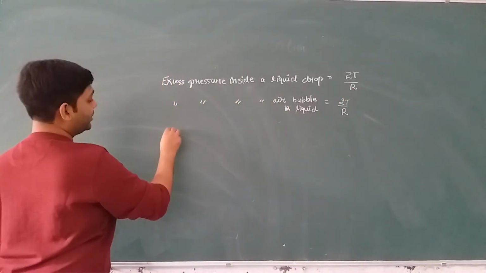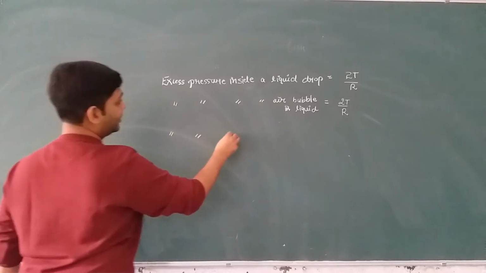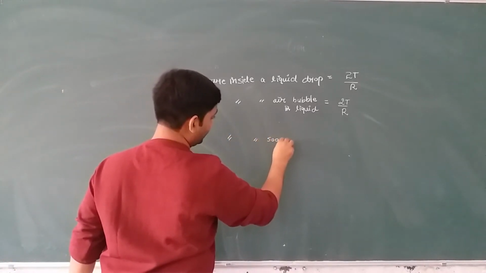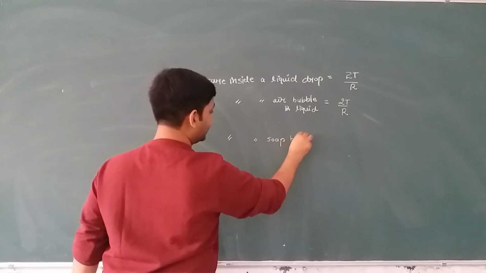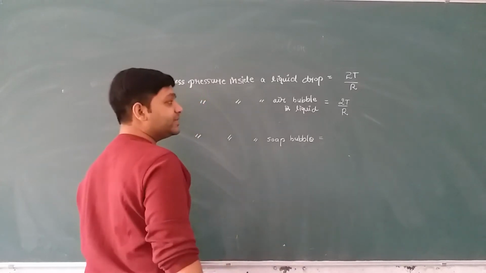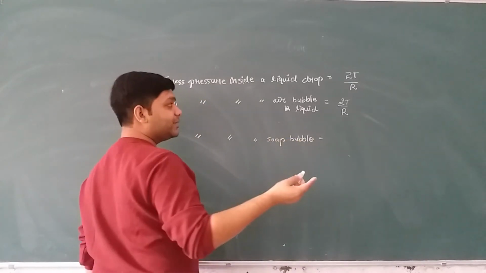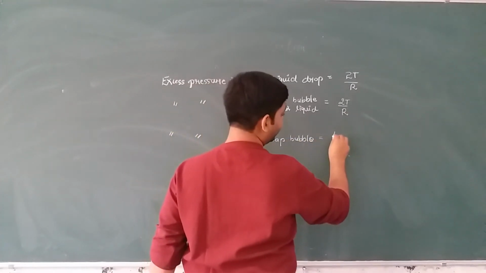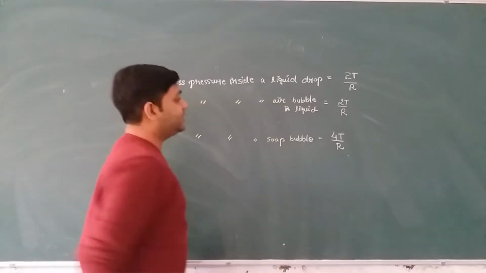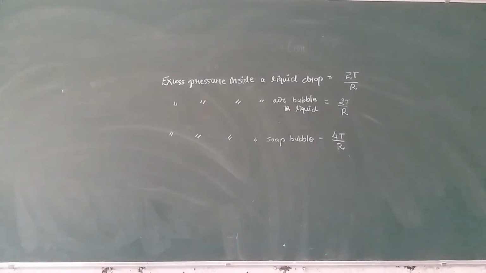And if we talk about the excess pressure inside a soap bubble, because a soap bubble has two surfaces, the increase in area gets doubled, so the formula gets modified into 4T upon R. So this is the value of excess pressure inside a soap bubble.